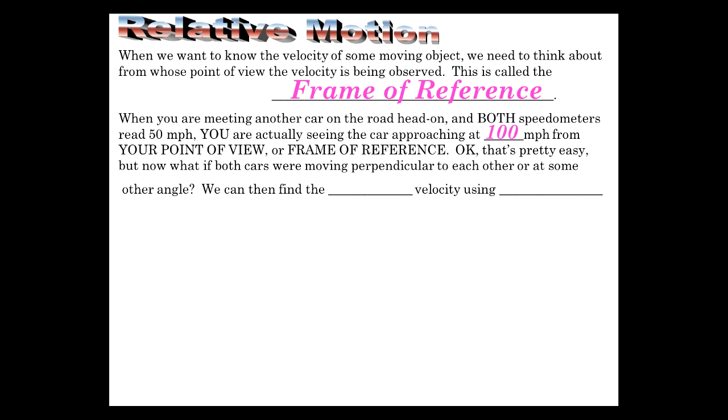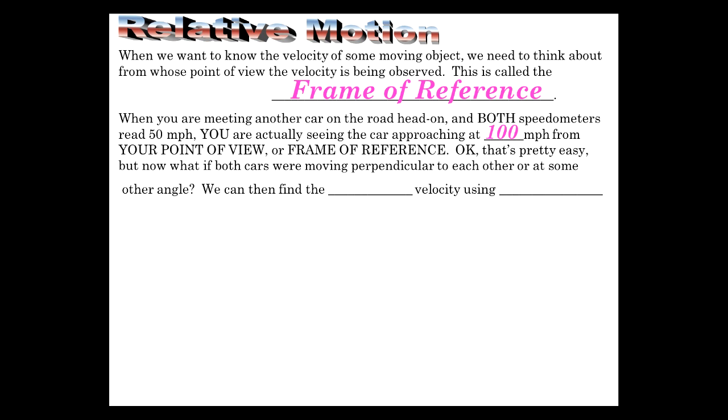That probably is fairly intuitive, maybe not, but if you think about it, the gap between the two cars is closing at a rate of 100 miles an hour. And from your point of view, if you don't look at the trees zipping by from your motion, you might think you're at rest and that other car is coming at you at 100 miles an hour.